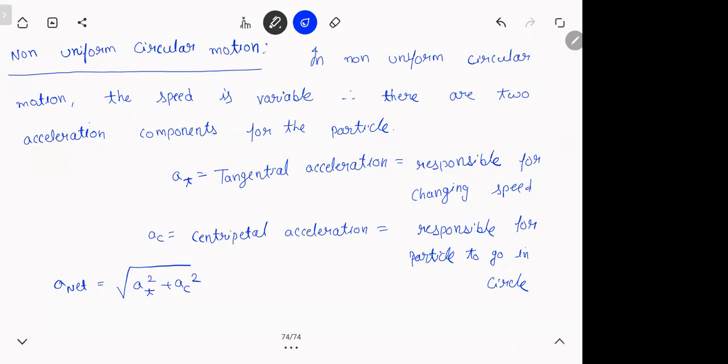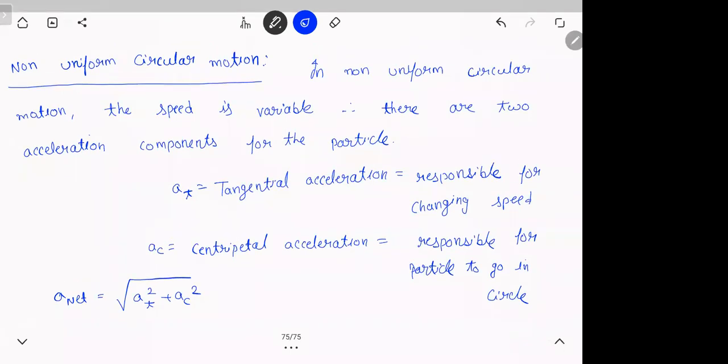So let's see an example. Consider a vehicle starting from rest.